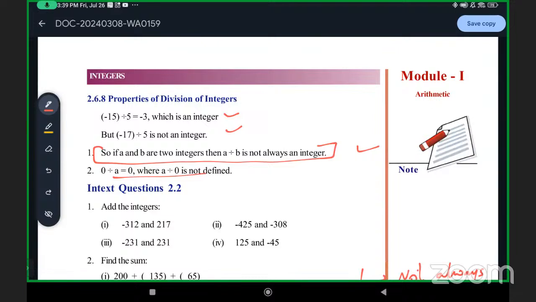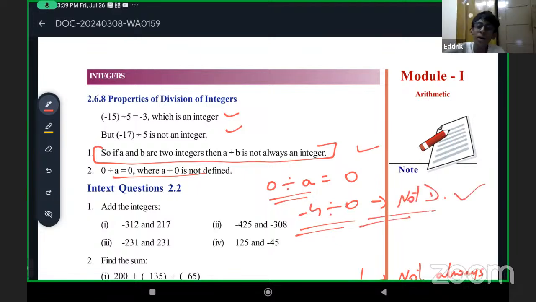So when we divide 0 by any number, it's 0, and a number, if we divide with 0, this is not defined. Ma'am, how is it not defined?